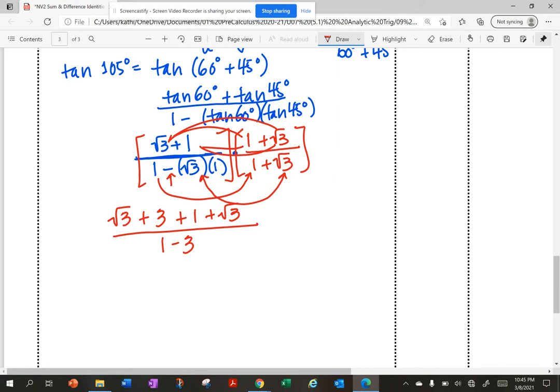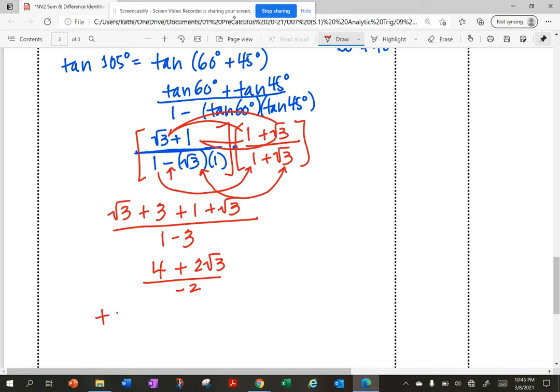Simplifying by combining like terms, I get 4 plus 2 times the square root of 3 over negative 2. Dividing by negative 2 for both terms, I get the tangent of 105 degrees is negative 2 minus the square root of 3 for the exact answer.